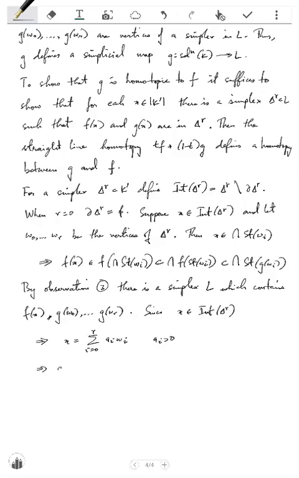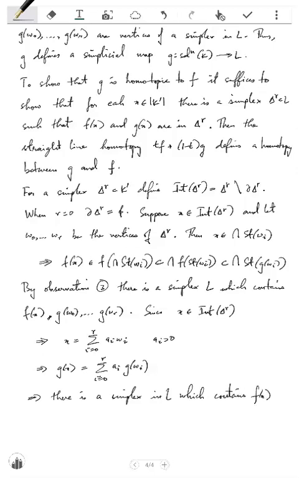So this implies that g of x is equal to the summation of ai g of Wi. So this implies there is a simplex in L which contains f of x and g of x. So this completes the proof of the theorem.